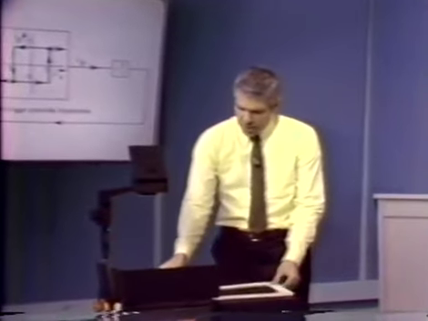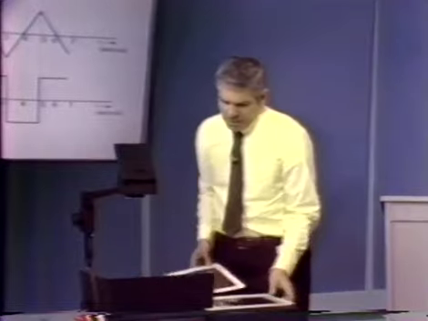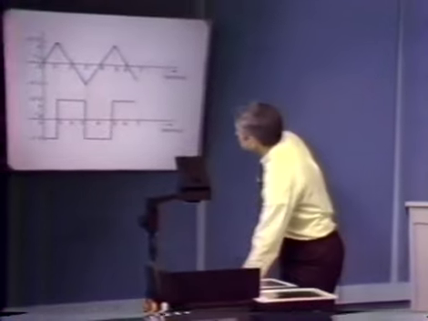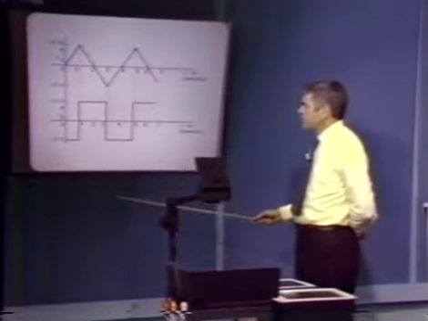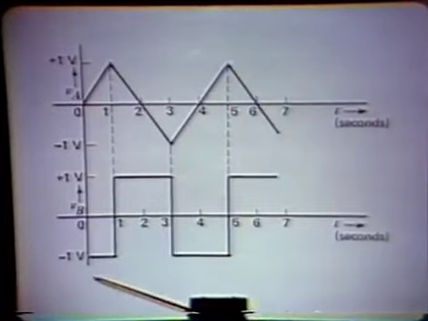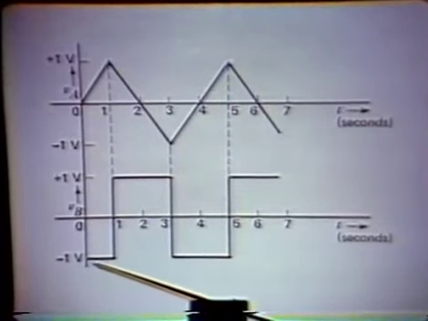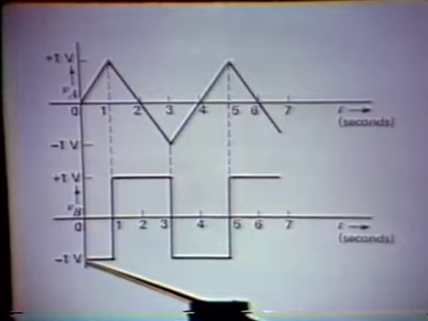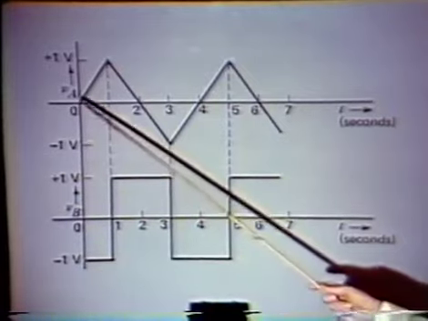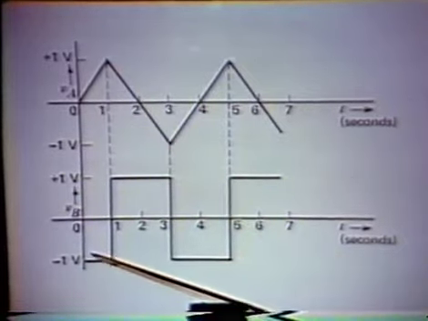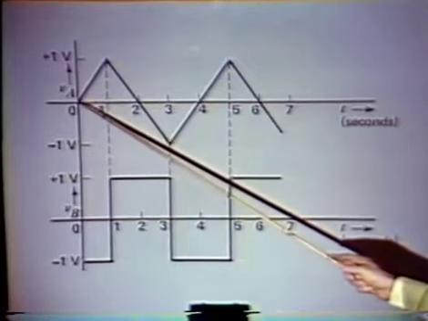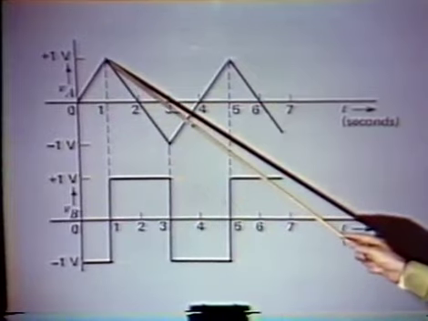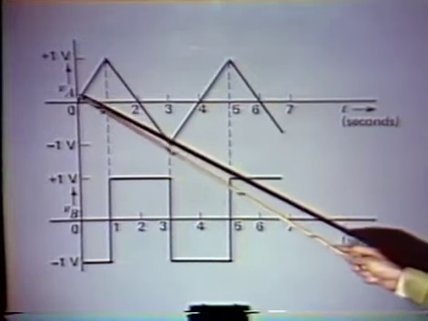Let's look at the waveforms. Remember that VA is the output from the integrator, VB is the output from the Schmidt trigger, and we've started at the initial condition that I mentioned earlier. In particular, the voltage VB being -1 volt, the voltage VA being 0. We integrate the negative of the -1 volt. The slope associated with VA, therefore, is 1 volt per second.